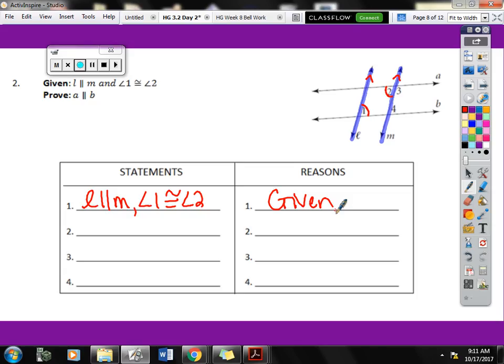That's what I'm going to prove are parallel. So technically right now we have two transversals again. A is acting as transversal 1 and B is acting as transversal 2. So you may want to turn your paper sideways so that the parallel lines are going horizontally. It helps a lot of students visually.